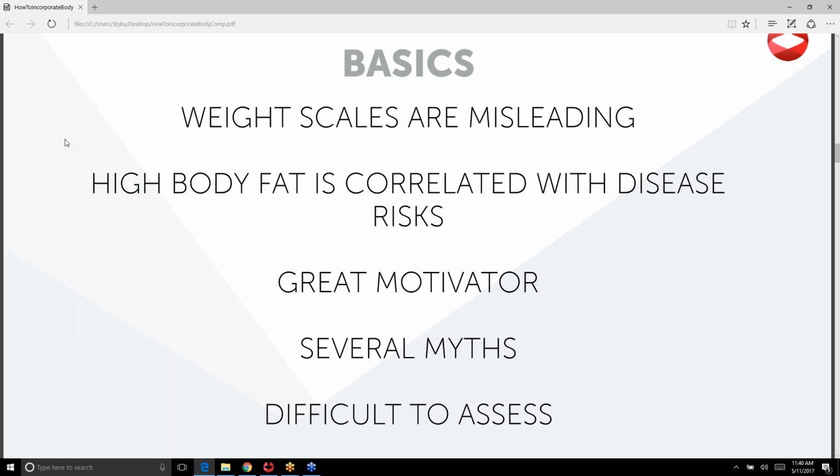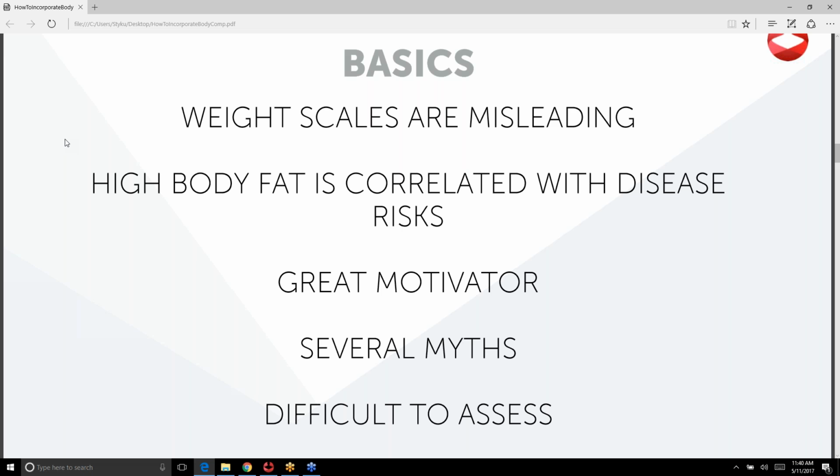And so when we talk about challenges and we talk about selling PT, being able to assess somebody, build awareness, first of all, about their body fat and their risks, but also be able to track this metric and show that it's changing when, for example, the weight scale is not changing, it's a great motivator. And that obviously is a big part of what we're trying to do as fitness professionals.